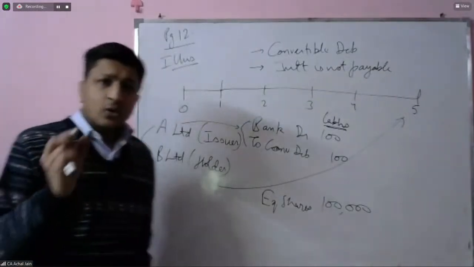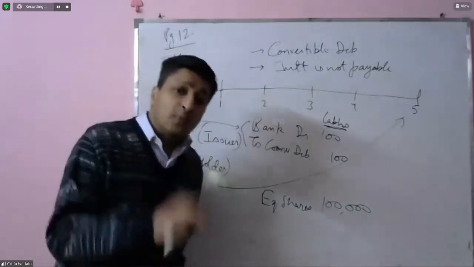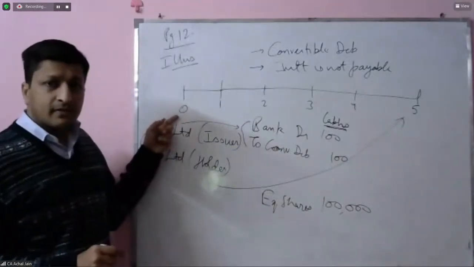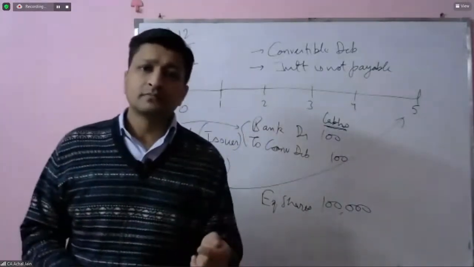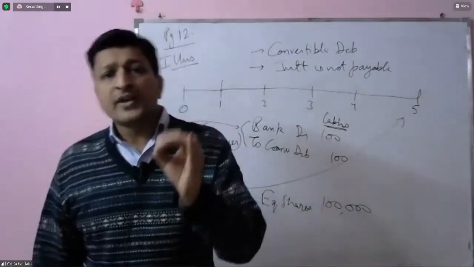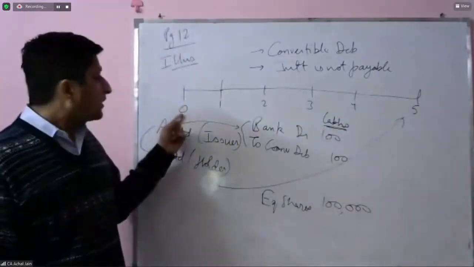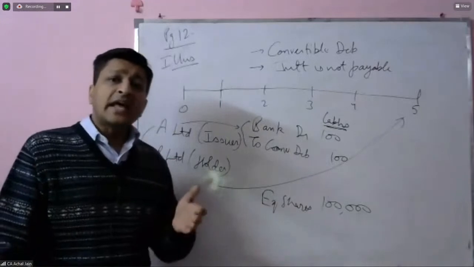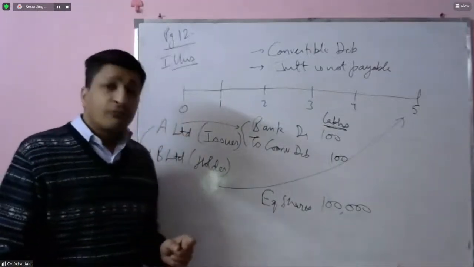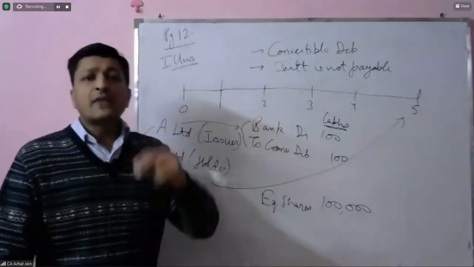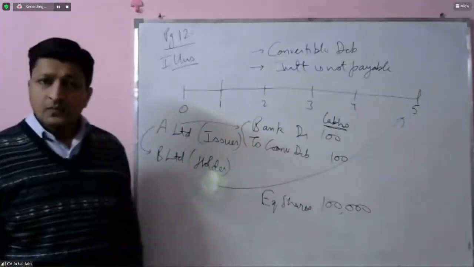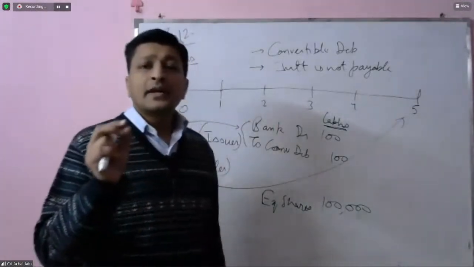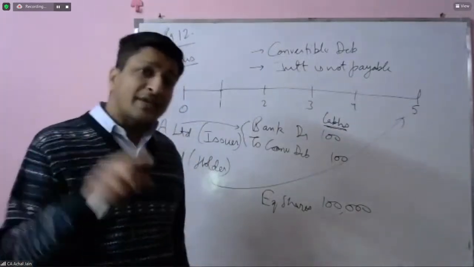In the case when the two parties have agreed on the number of shares on day 0 itself, as well as the amount of settlement, when these two are fixed on day 0, means at the time of entering into a contract, then such an instrument will be called an equity instrument, provided it meets the criteria of equity.